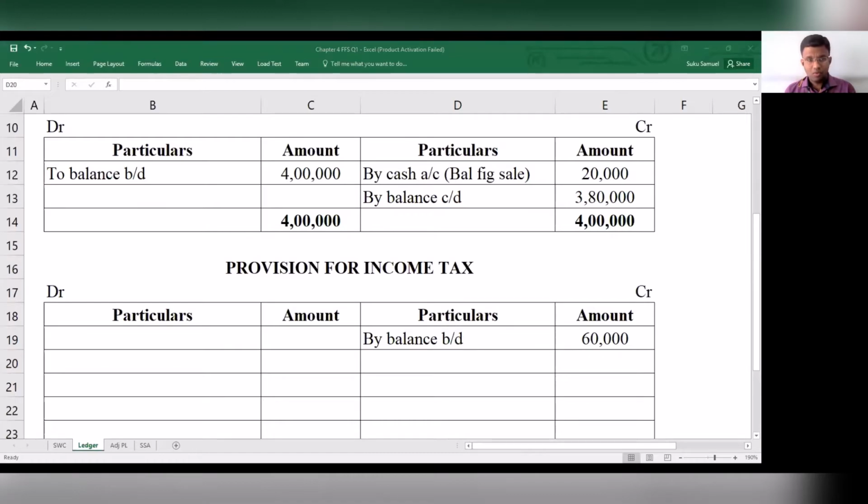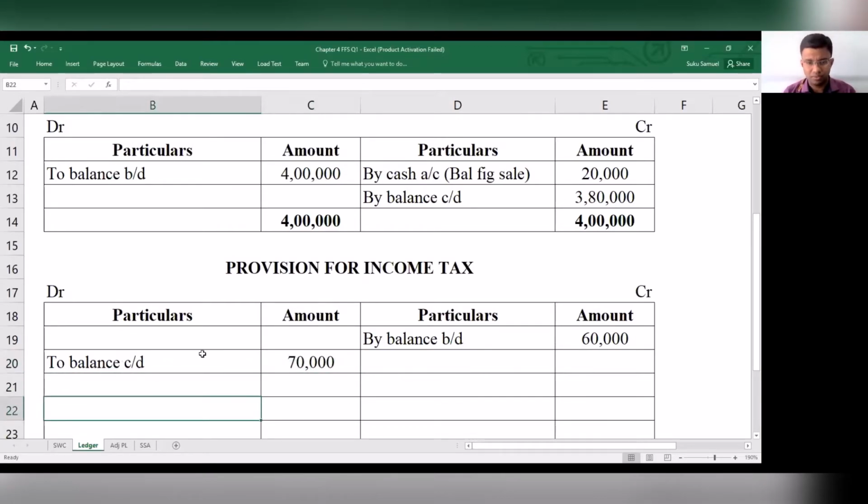Then what else have you done? You have added some money. Before that, we also have to add the closing balance. So, to balance carried down, how much is the closing balance? Closing balance is 70,000.